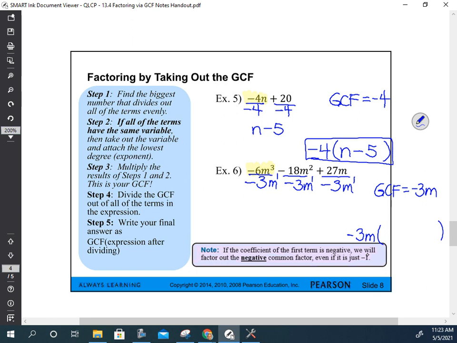So let's take out what we can take out. Well, let's divide out what we can divide out. All right, so first term. Negative 6 divided by negative 3 is 2. What's the exponent? 2m to what power? 2m to the second.